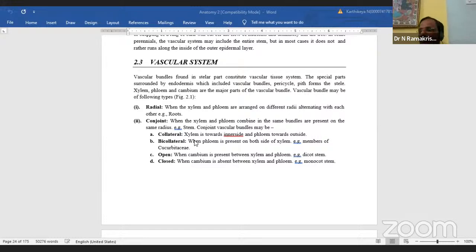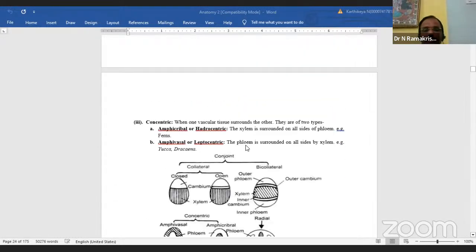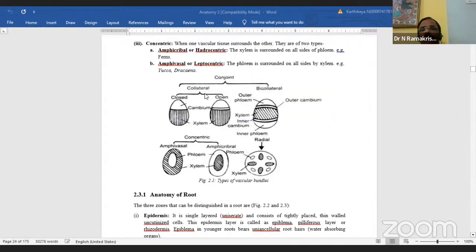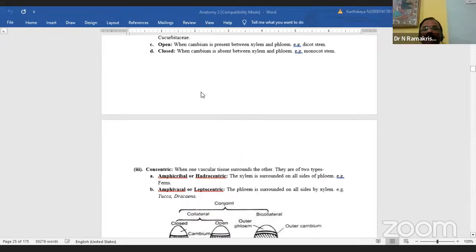Here the conjoint types are collateral and bicollateral, and I am showing the diagram. The first ones, numbers 1 and 2, are conjoint.